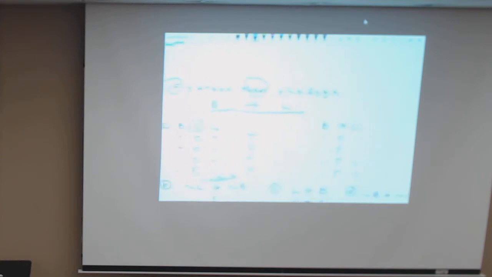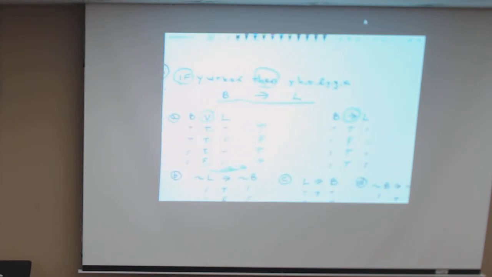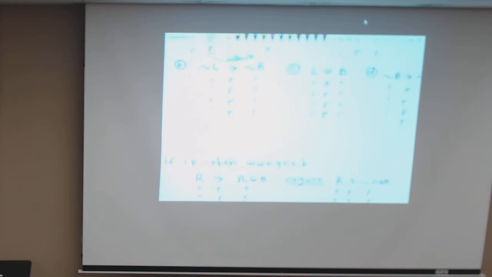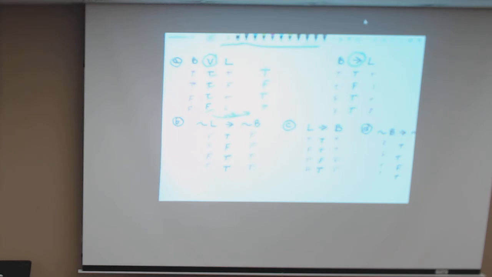Let's go to B. True, true, false, false. True, false, true, false. If B, then L. Oh, that's the one I just wrote here. Okay. Let's go to B. If not L, then not B. If L is true, false, not L is false, true.